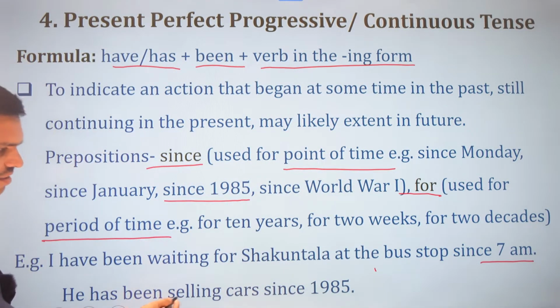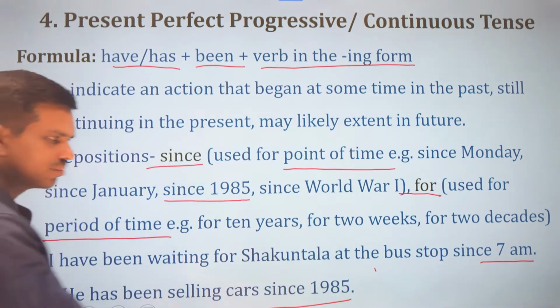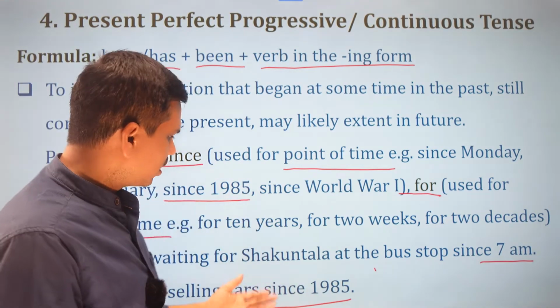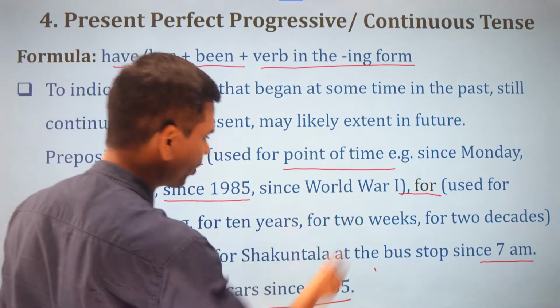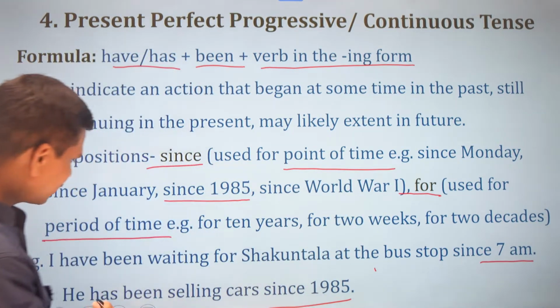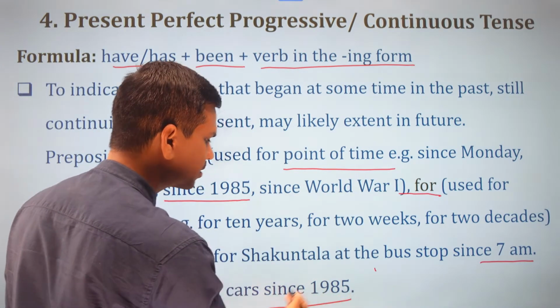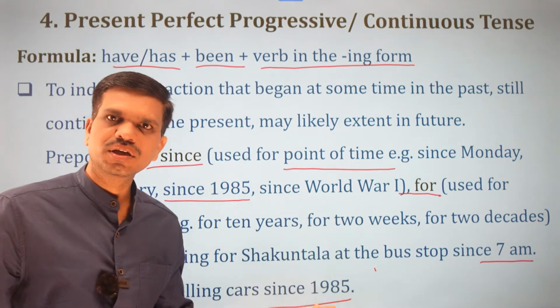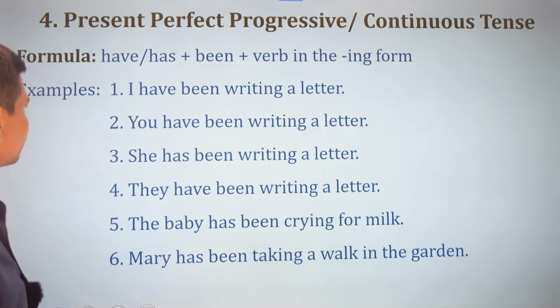Again, he has been selling cars since 1985, again a point of time, a year. If you want to use for, you can say that he has been selling cars for 10 years, for 2 decades. So in this way you can use for and since. I hope you understood.